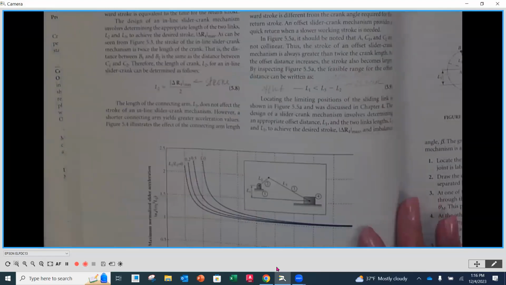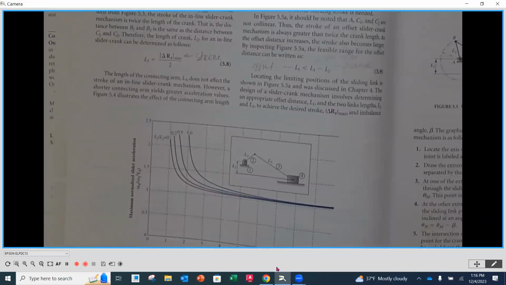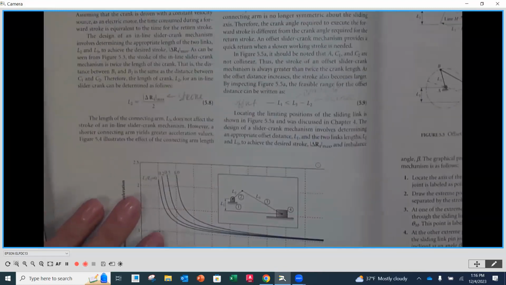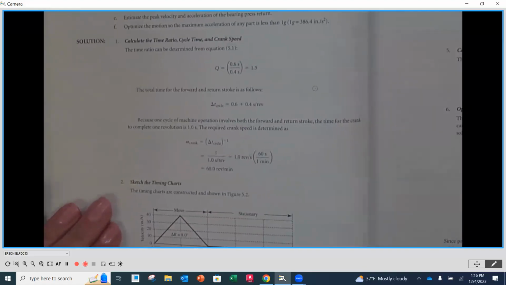So if you recall, for a slider crank mechanism, one of our rules of thumb was that, let's see if I can find where it is in the text. I know I have it on my PowerPoint.